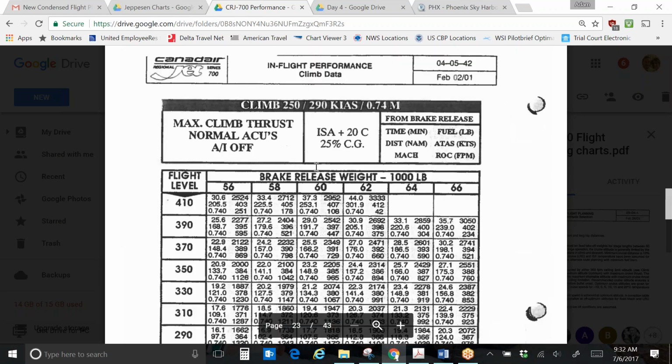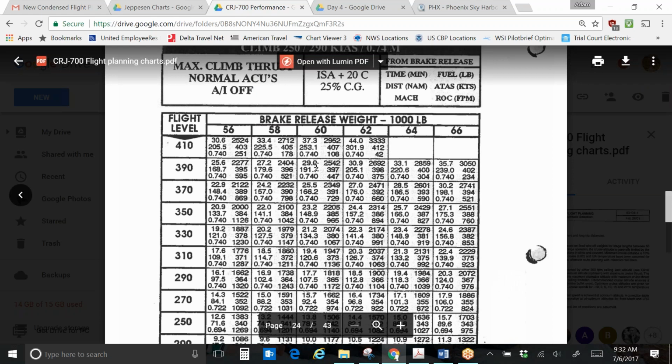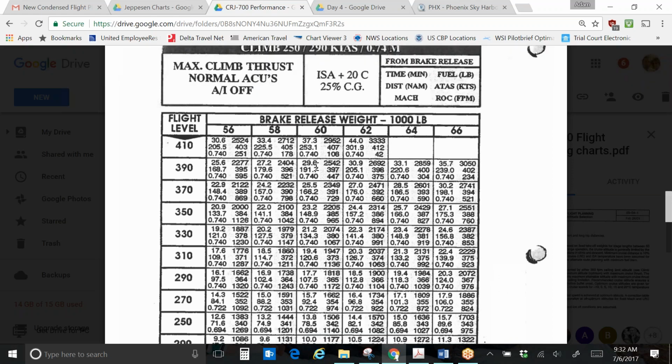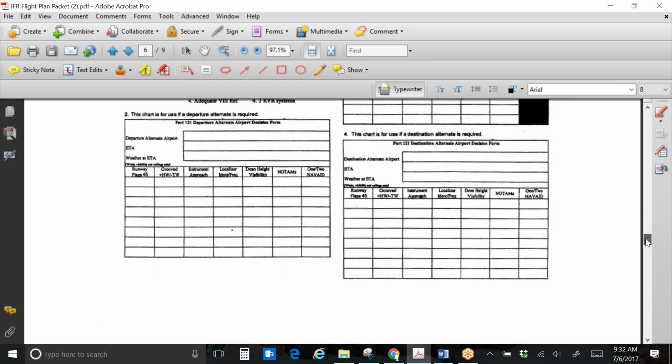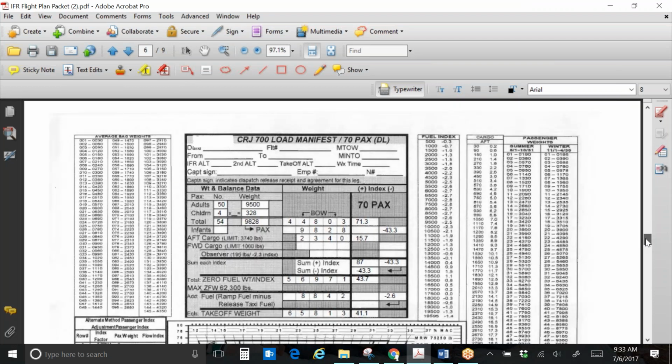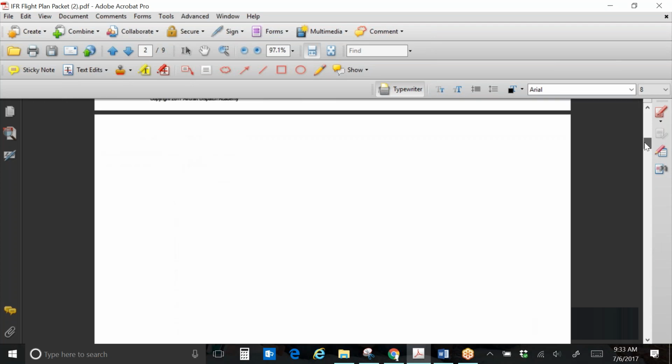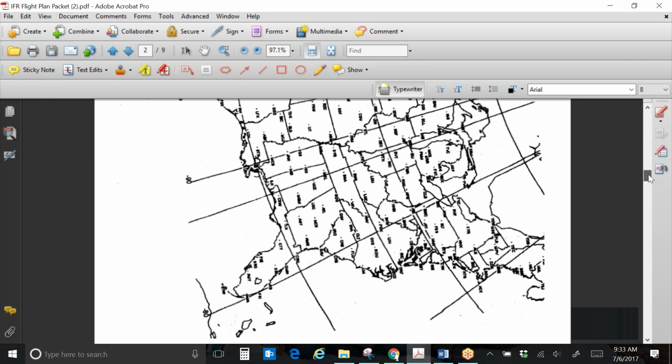ISA plus 15, ISA plus 20. Okay, now if you remember, going back to this, takeoff weight is basically 65,813, so we're going to round that to 66,000 pounds.